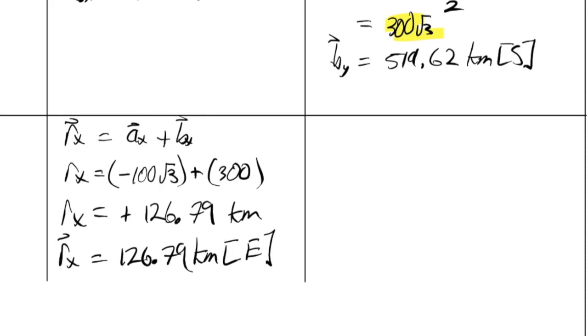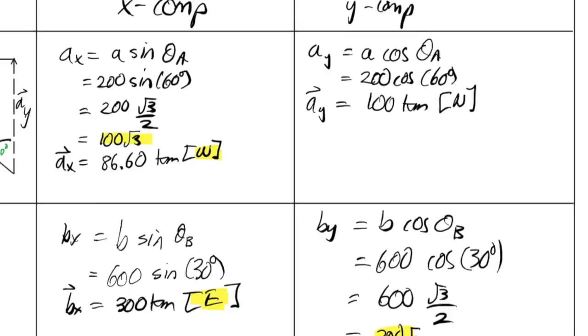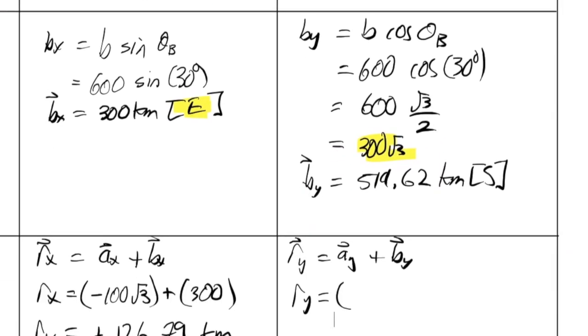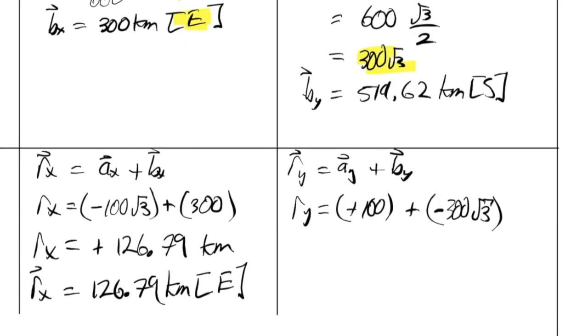And next, we take on the y component. So RY as a vector is equal to AY plus BY. So RY is equal to AY, which was 100 kilometers north, so north is positive, so that is positive 100, plus BY was south, so that makes it negative, and that's 300 root 3. Now we'll do some rounding on this line.